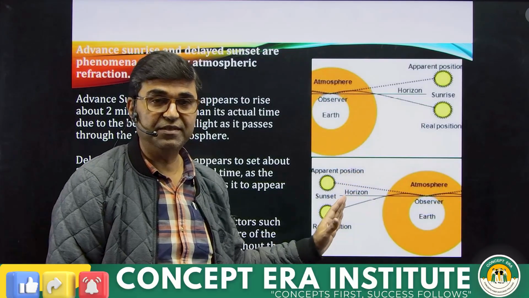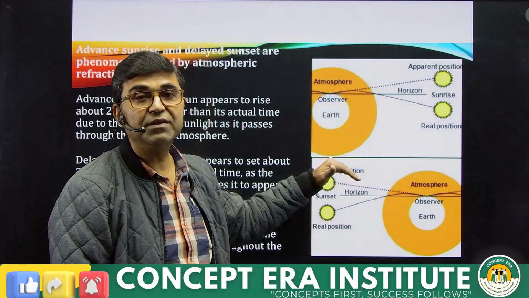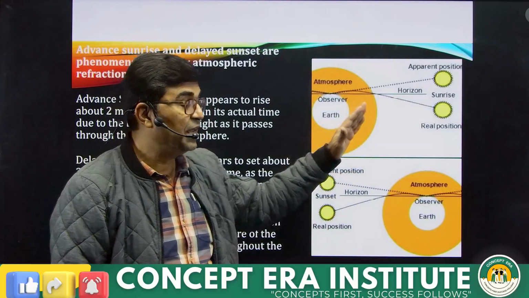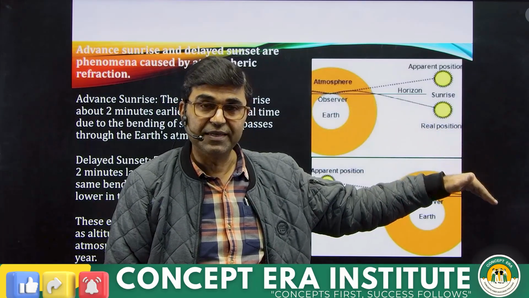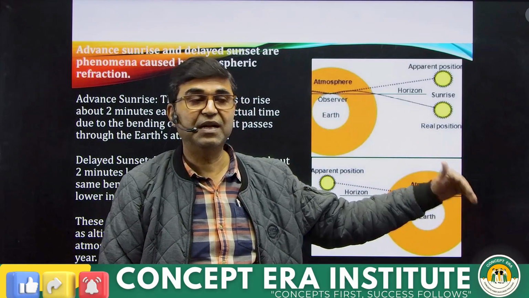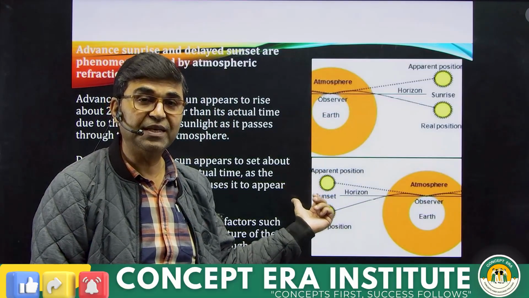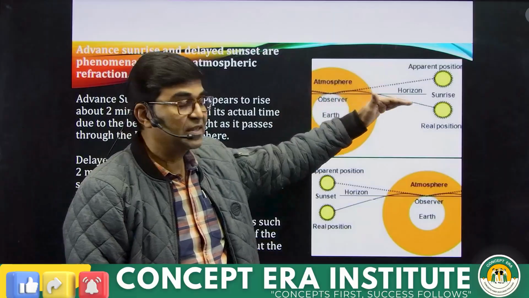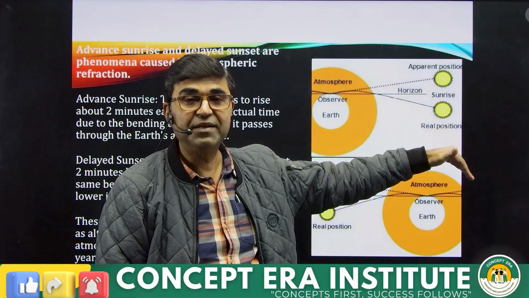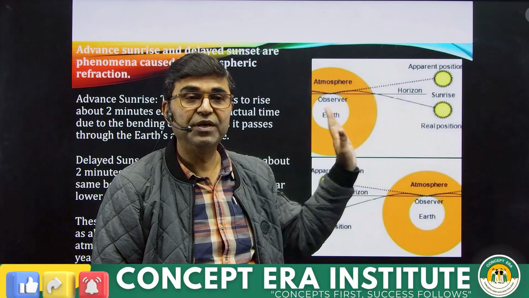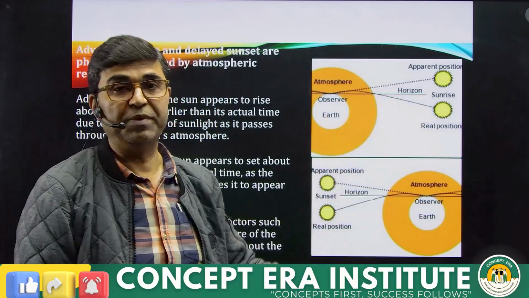We see the sun 2 minutes before it rises above the horizon, and we keep on seeing the sun 2 minutes after it has gone below the horizon. That means we see the sunrise 2 minutes earlier than the actual sunrise, and we see the sunset 2 minutes later than the actual sunset. So, there is an increase in the length of the day by 4 minutes.